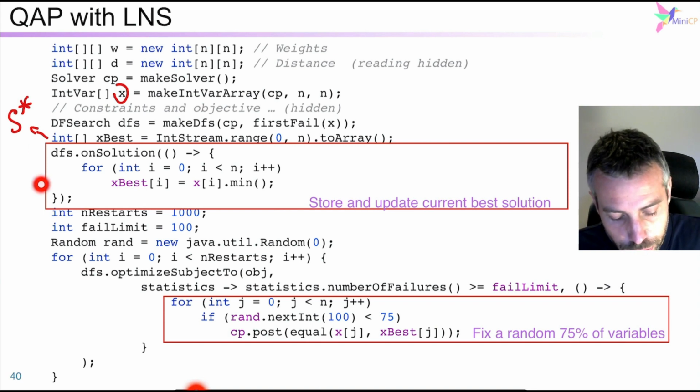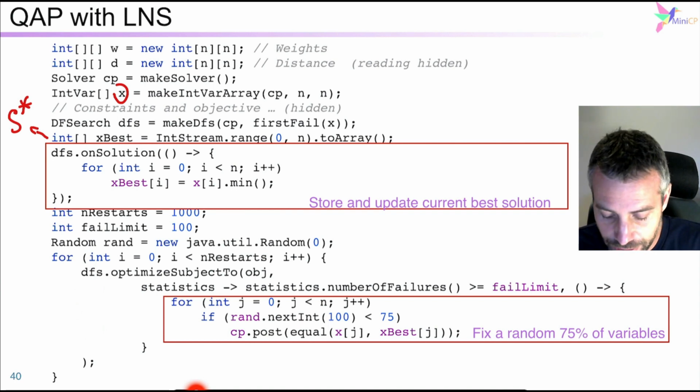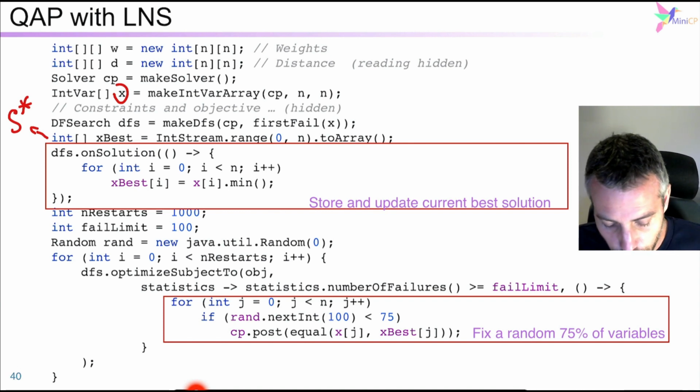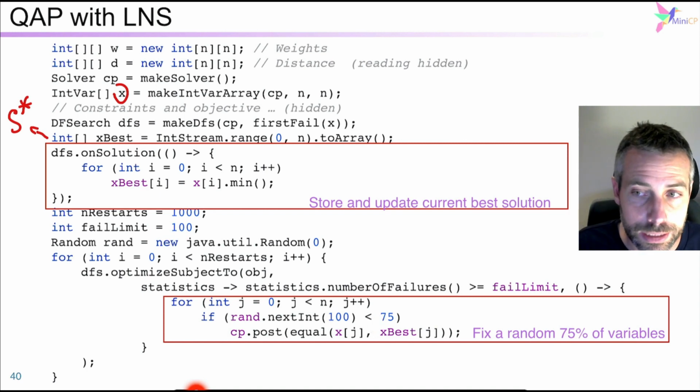You just need to record the current best feasible solution, and then you do some restarts. At each restart, you post that 75% of the variables are fixed to the current best value that they have. Of course, it really depends on your problem. The way you should fix these meta parameters, you should play a little bit with these values and experiment with them.